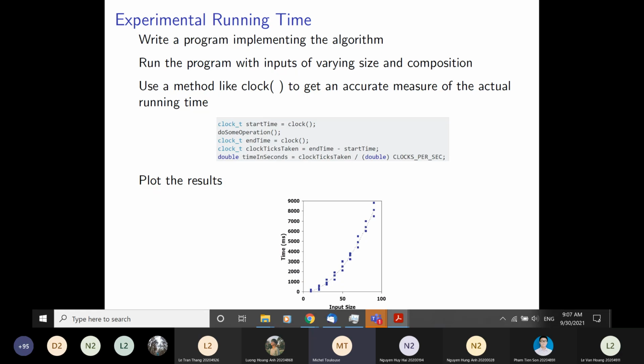But this is not very practical. If somebody is in the United States and you are here and you do not have the same laptop, the guy in the US is running his algorithms in a data center with supercomputers, and you have your laptop here, it might not be possible to objectively measure the running time of the algorithms.